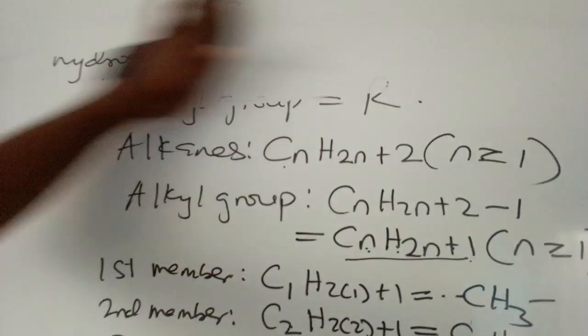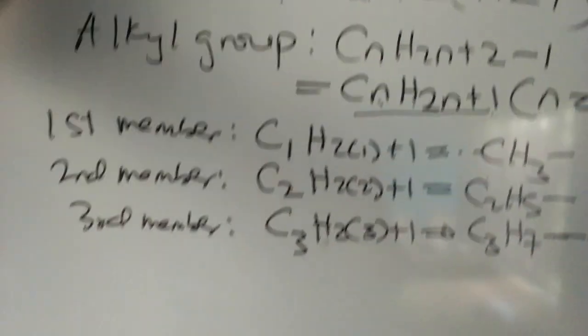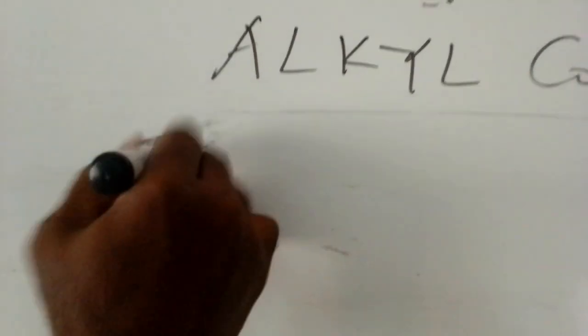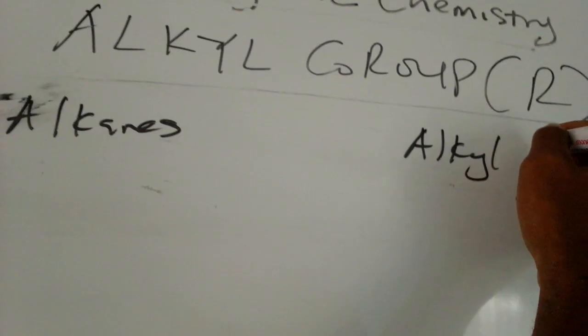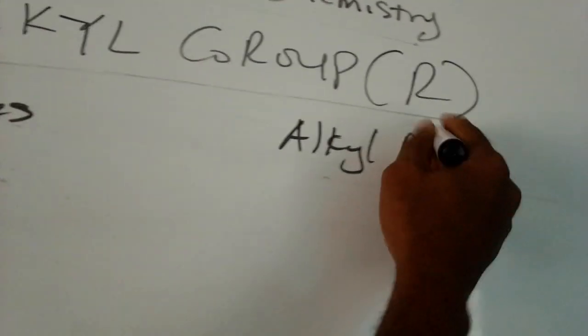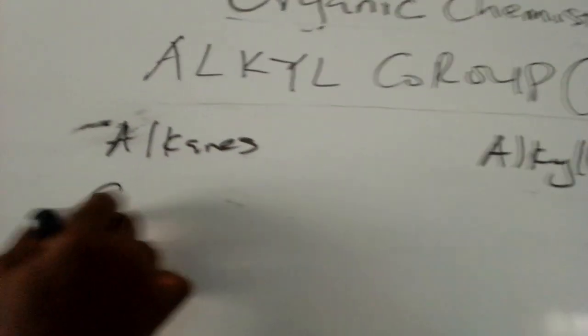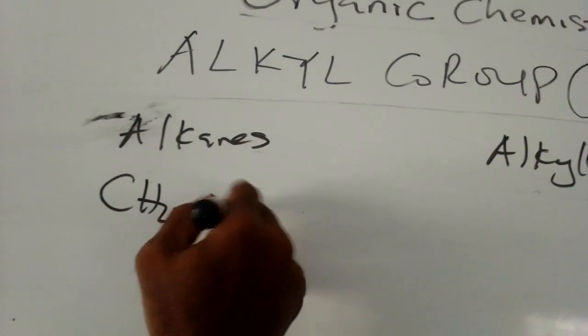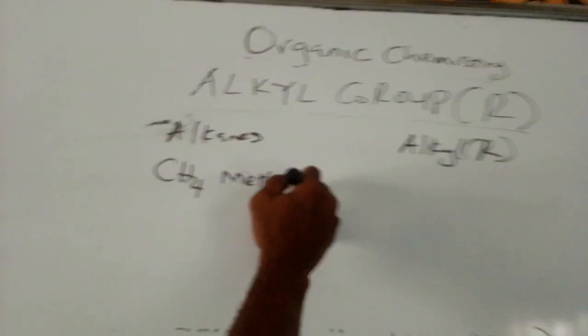Having done that, since we already know the first member, or a short way of doing this, so to know the alkanes, we can write alkanes on this side, and write the alkyl group on this side, so R on this side. So the first alkane is called methane. The first alkyl group is CH3.